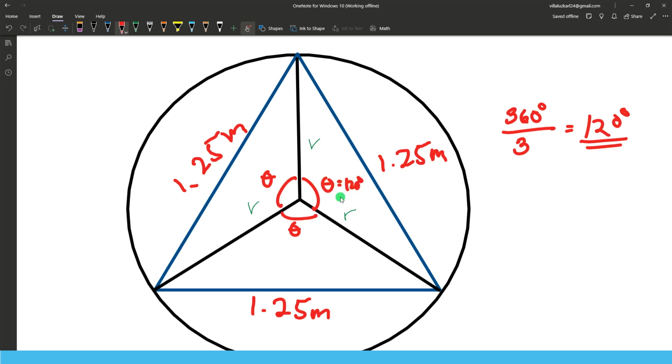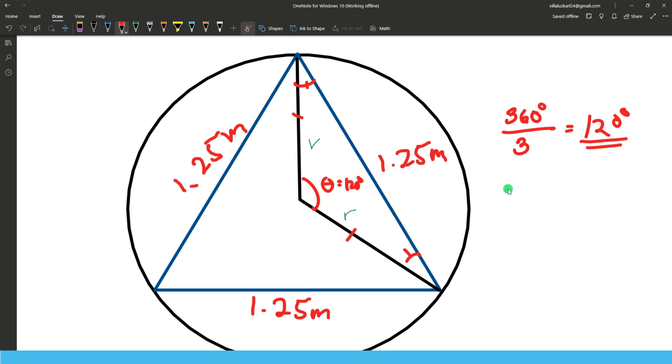Okay, and since the other sides of this triangle, let's erase this, focusing on this smaller triangle here, we have two sides that are equal, which are the radius of the circle. This is an isosceles triangle, which means that if these sides are equal, the opposite angles are also equal.